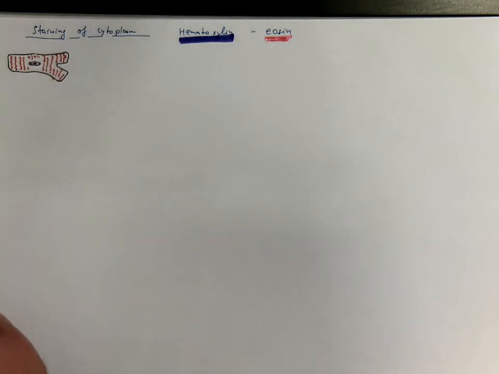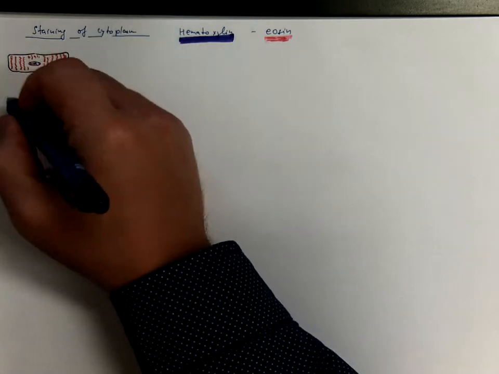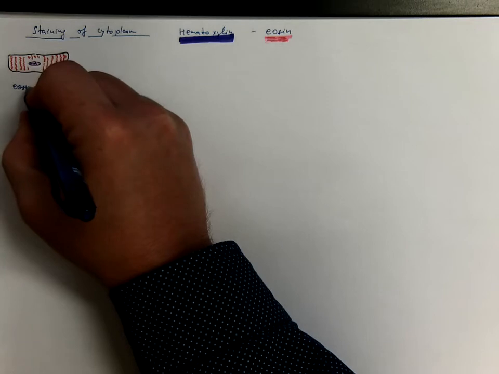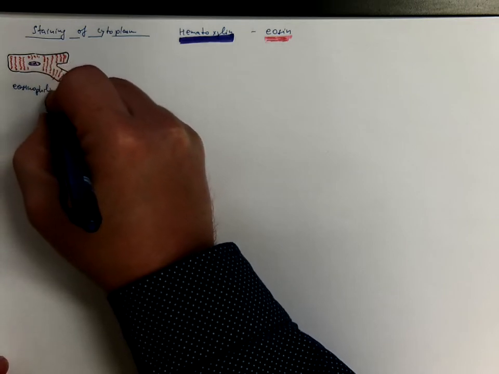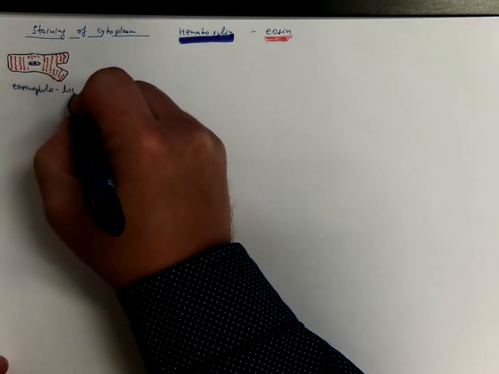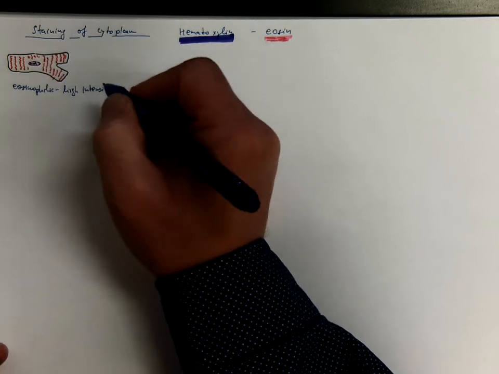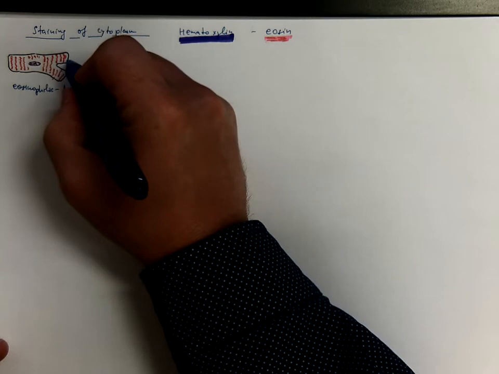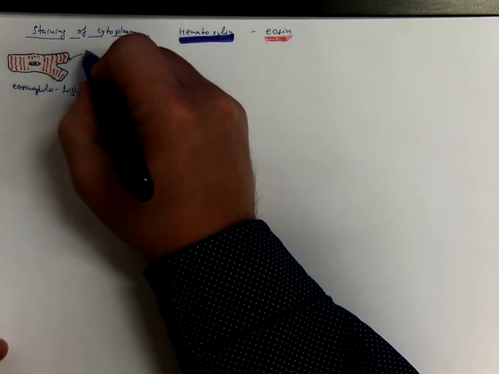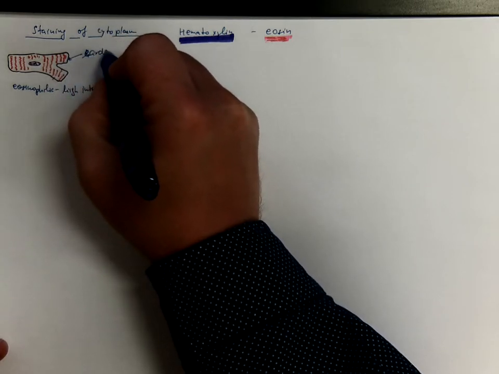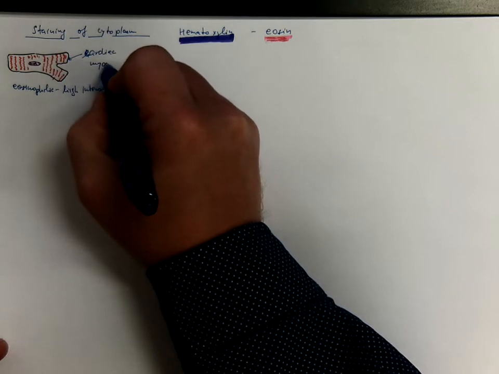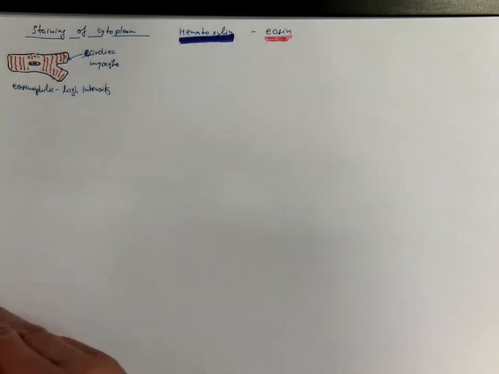Okay, this is eosinophilic with high intensity, and this would be a cardiac myocyte.